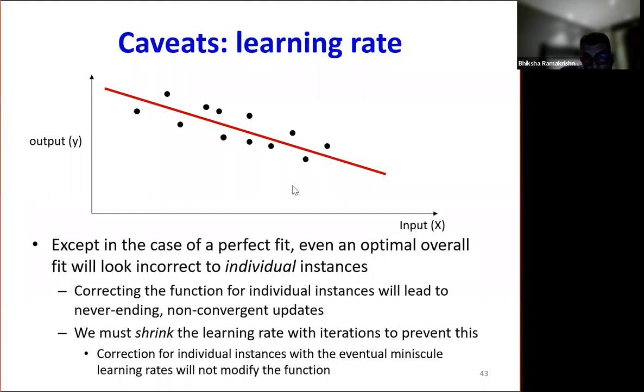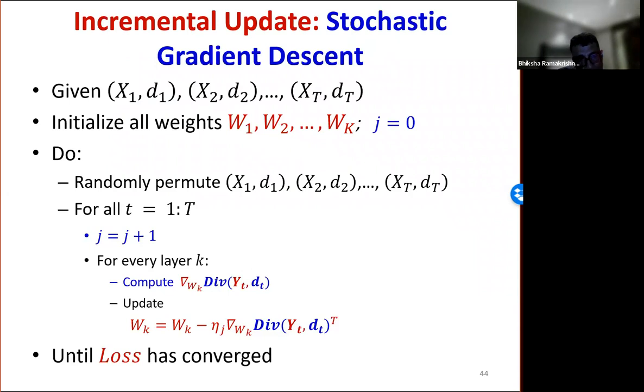To account for this, you want to shrink the learning rates with iterations to make sure that eventually you stop chasing the latest training point hard, and so that the whole thing can converge. Eventually the learning rate is going to become sufficiently minuscule that it will not modify the function that you've learned so far, and you'll get the proper answer.